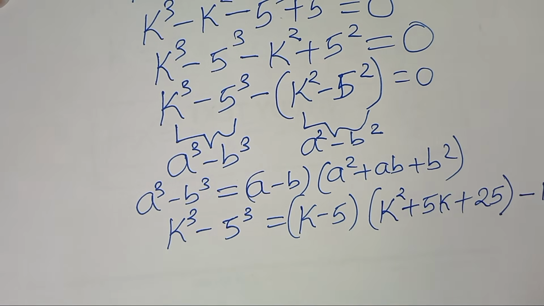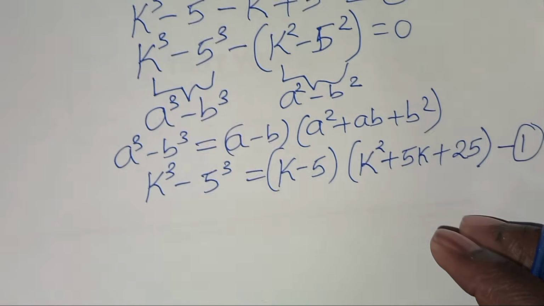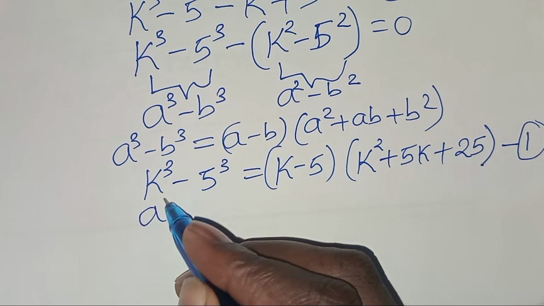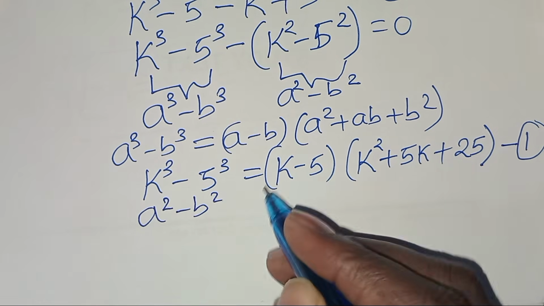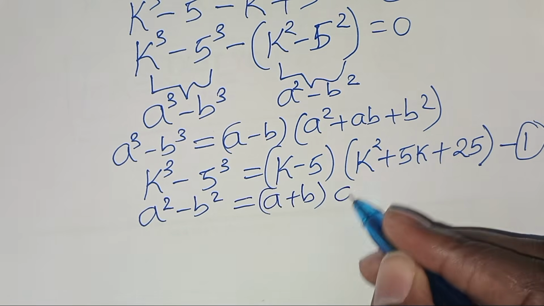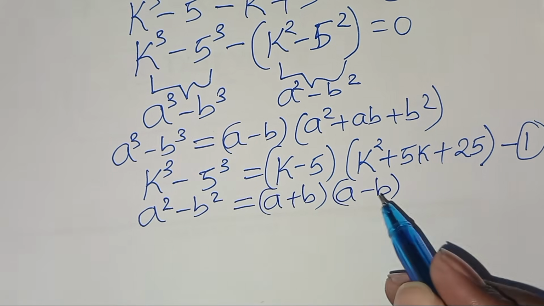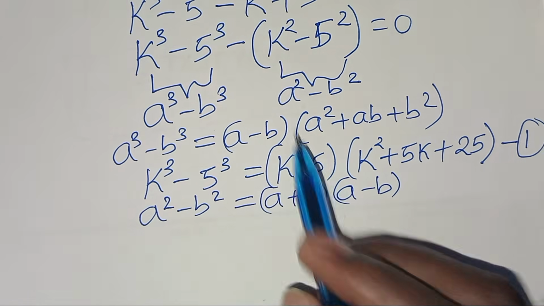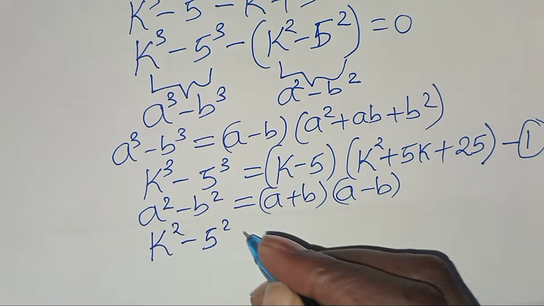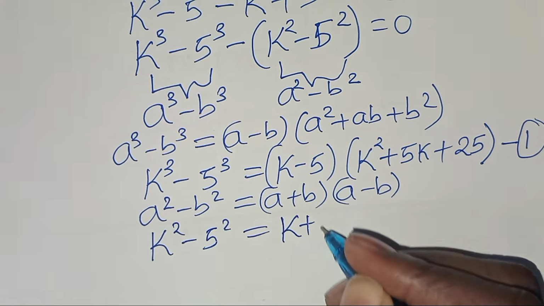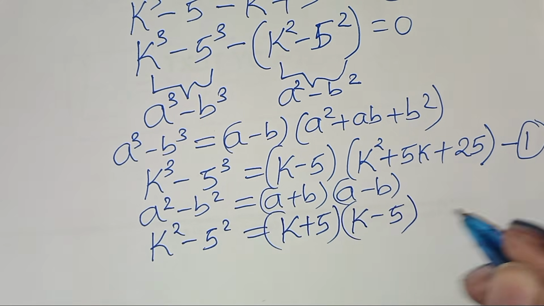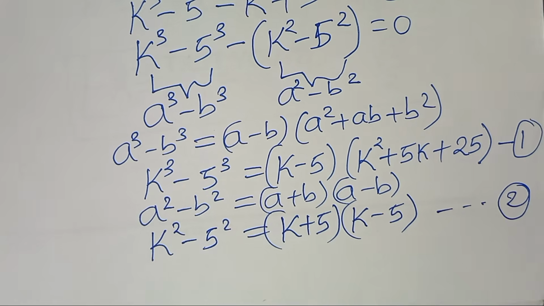Now, this is the first part. Now let's solve the second part, the difference of two squares, a squared minus b squared, which we can express as a plus b, a minus b. Applying this property, k squared minus 5 squared is k plus 5, k minus 5. Let's call this one equation 2.